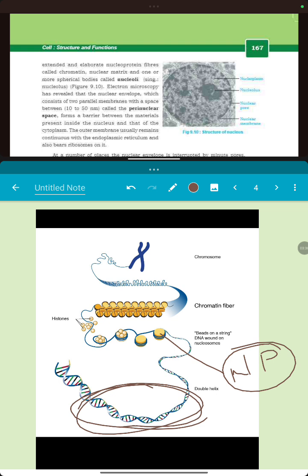What are proteins? These are proteins. Proteins are nothing but amino acids. Amino acids will look like this.